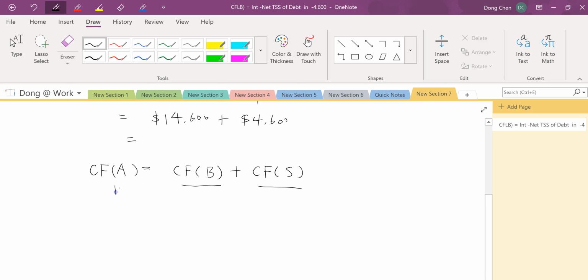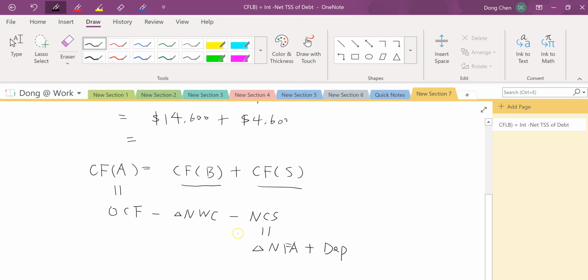But another way to get cash flow from assets is simply we start from operating cash flow, and then we minus the change in net working capital, and then we minus the net capital spending. But net capital spending is basically the change in net fixed assets plus the depreciation expense.